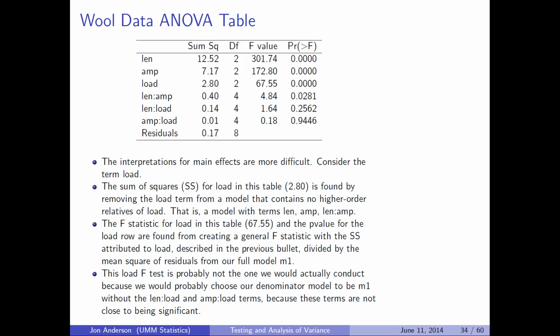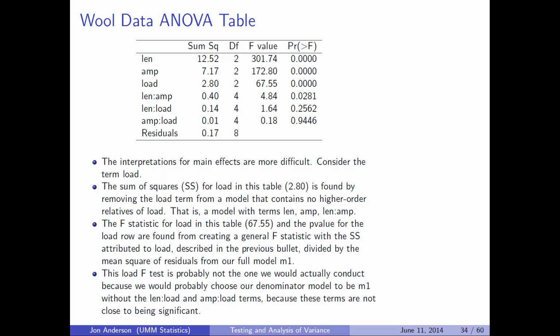If we try to interpret main effects, it's going to be more difficult. Let's talk about a term like this, load. 2.80 is the sum of squares. Where does that come from? Well, it comes from taking out the load term from a model that has no higher order effects or relatives of load, in other words, satisfying the marginality principle.